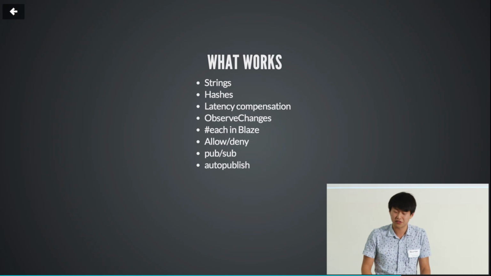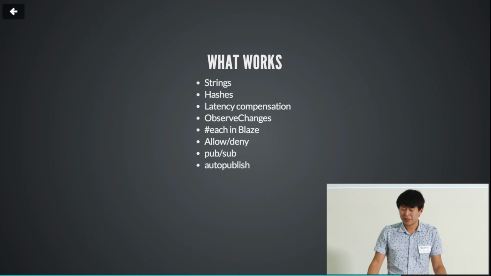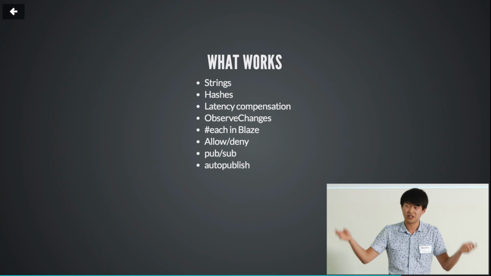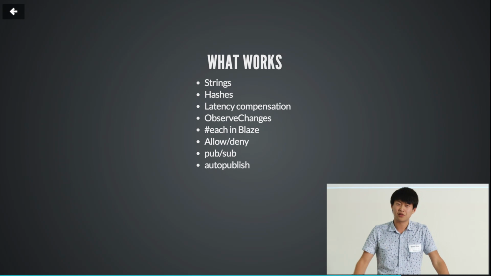So what works? We implemented strings and hashes, and as far as we understand, that's the most common use case for data that you push to your client. Every other data structure you usually use only on the server. For example, you wouldn't fetch a giant set to your client. You just use it server side to quickly look up something. And same goes with other data structures. So we implemented only strings and hashes so far, and it seems to be sufficient.